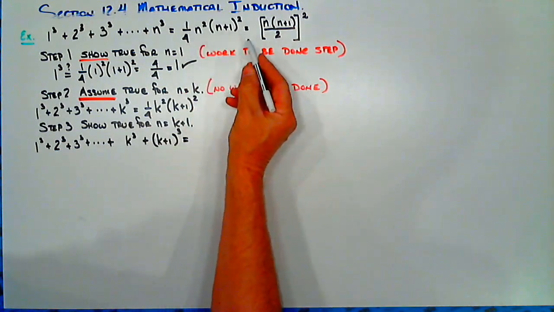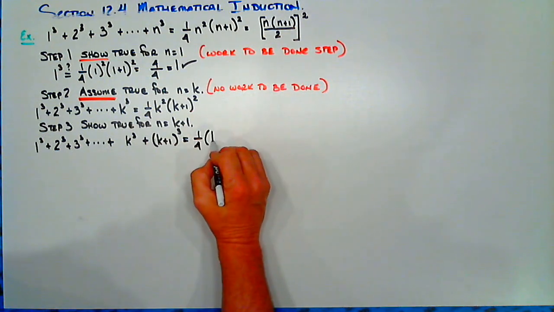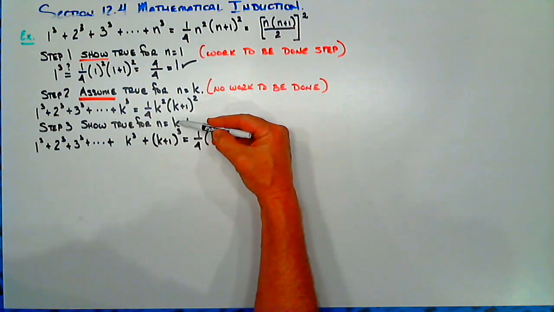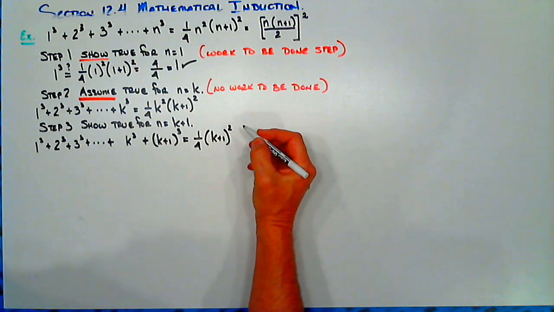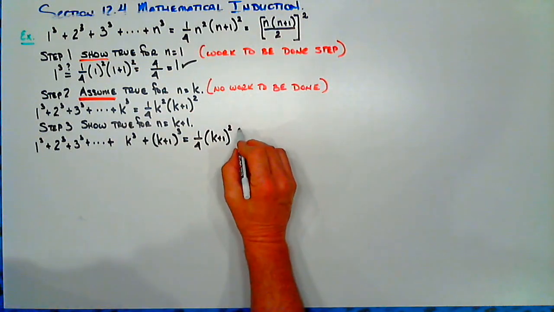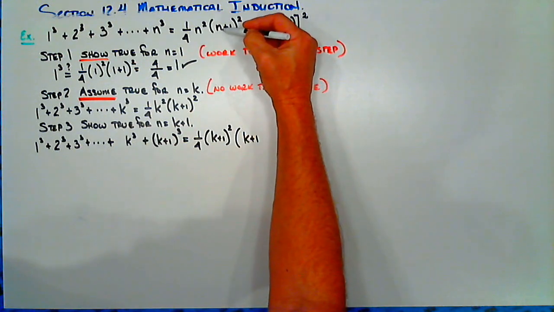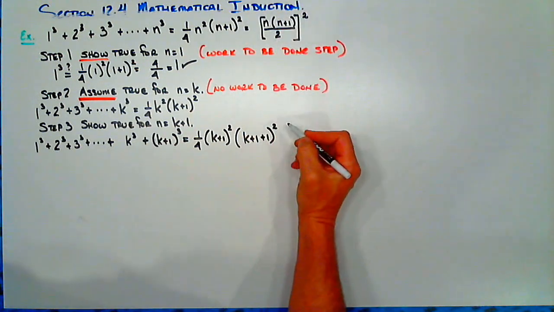It's supposed to equal this with k plus 1 in it. So I'm going to put a k plus 1 there in place of n, right? N equals k plus 1. So in place of n, I'm going to put a k plus 1, and I'm going to square it. And then over here, I'm going to put a k plus 1, that's k plus 1 plus 1, squared.